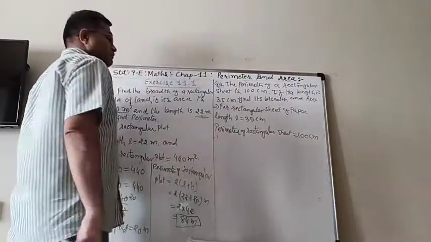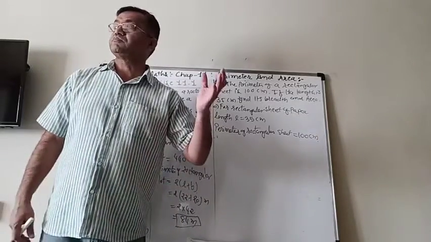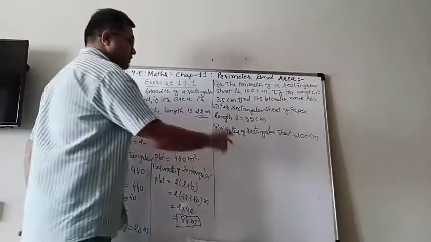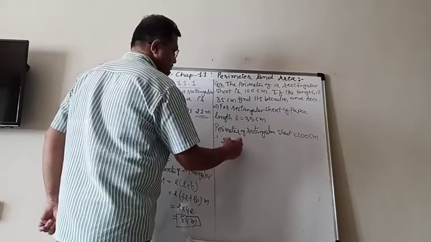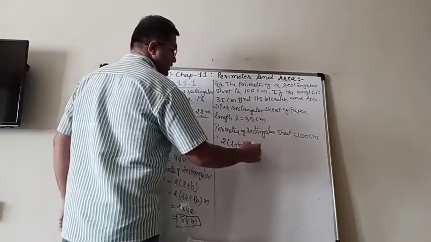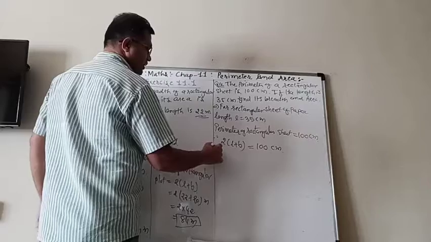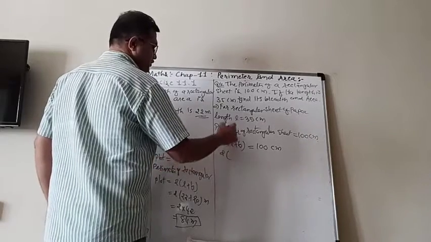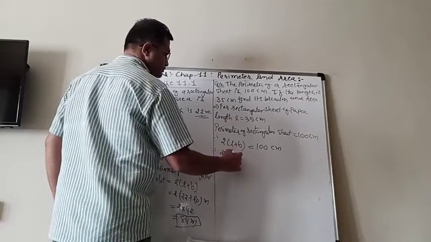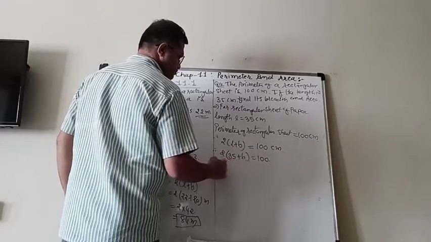So now we must have the formula in mind for the perimeter. Perimeter of a rectangle means 2 times into bracket length plus breadth. That is 100 centimeter. It means 2 into bracket, what is length? 35 plus b is equal to 100.